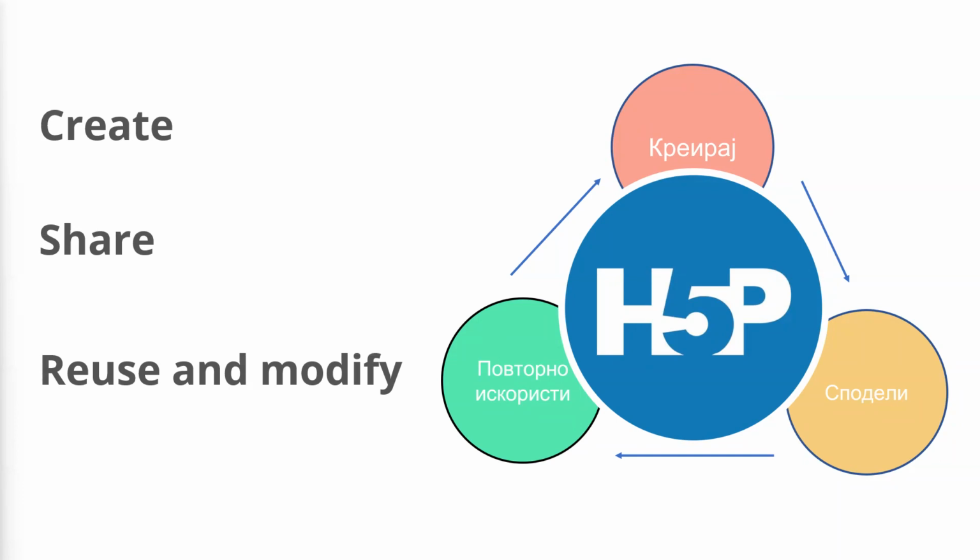You need to memorize some pathways of doing that. Sharing is very, very easy. If someone shares, you may use it freely because H5P is free software. And you can easily modify whatever content you find on the internet. And why? Because H5P is gaining popularity among teachers and on the internet.